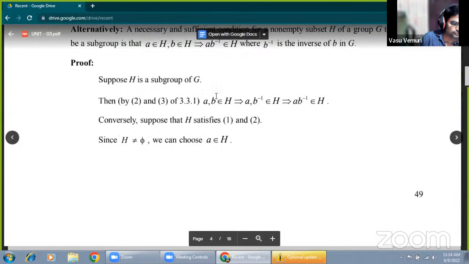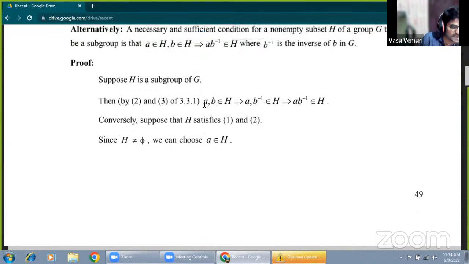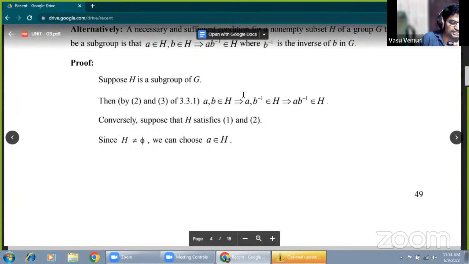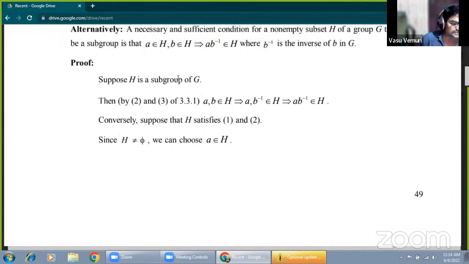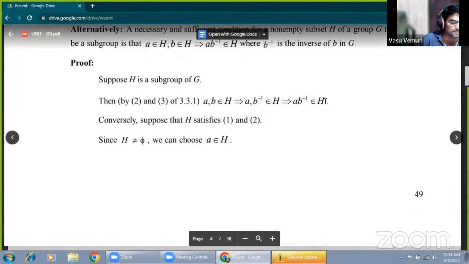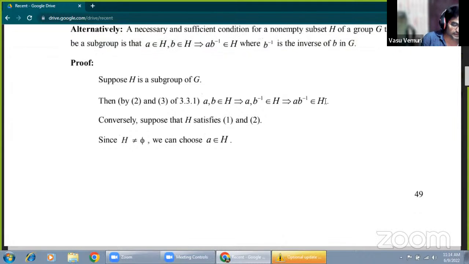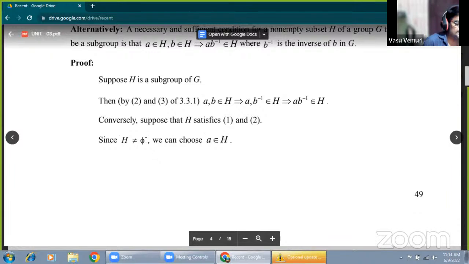Therefore, A belongs to H, B inverse belongs to H. Then by the closure condition, A B inverse belongs to H. That is the necessary part. Directly, the condition is applied. Now here is the converse part.